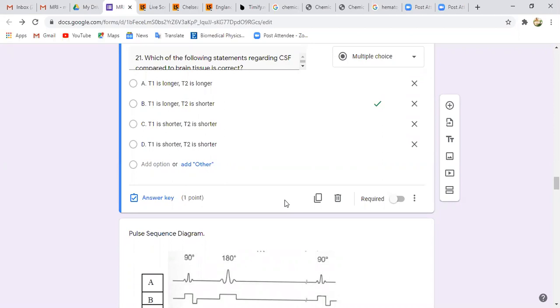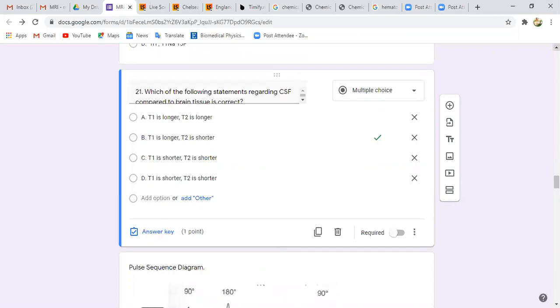I think it should be longer T2 and then shorter T1, but none of the answers says so.